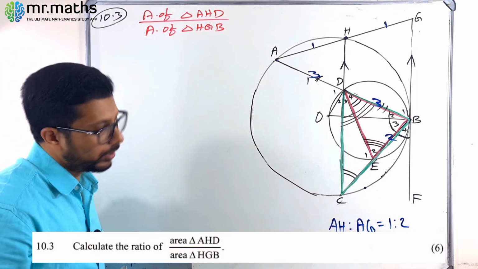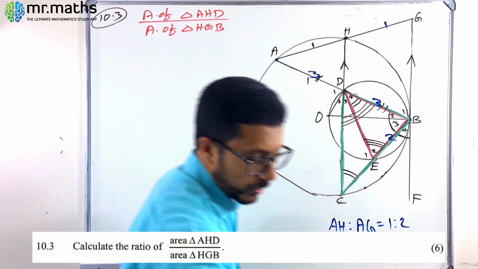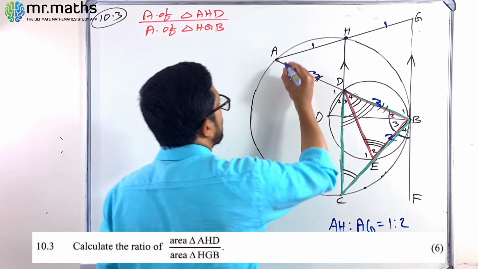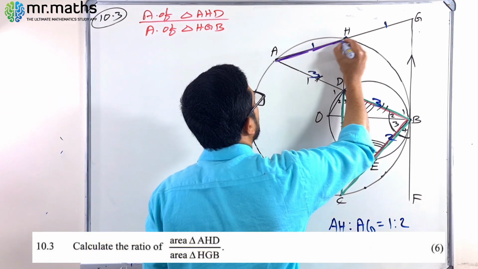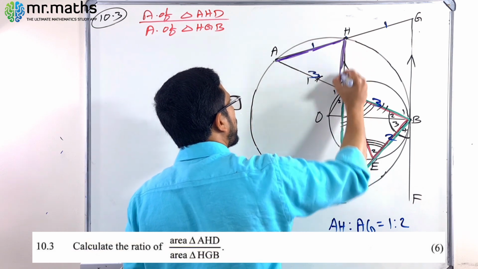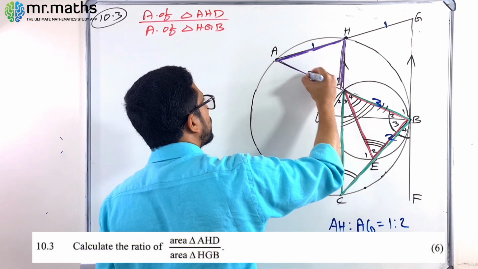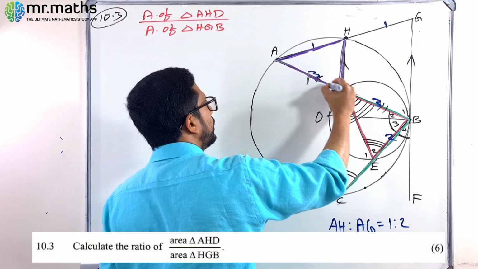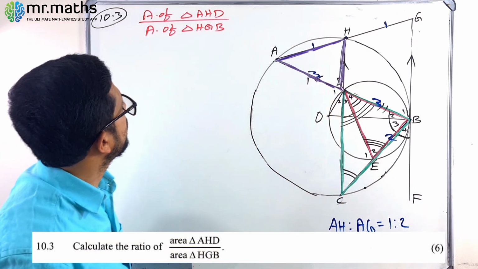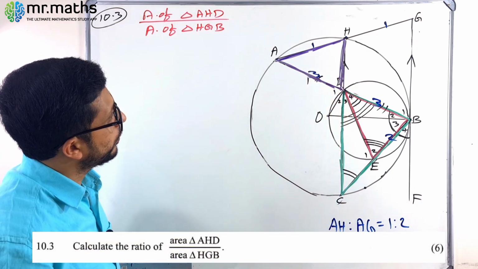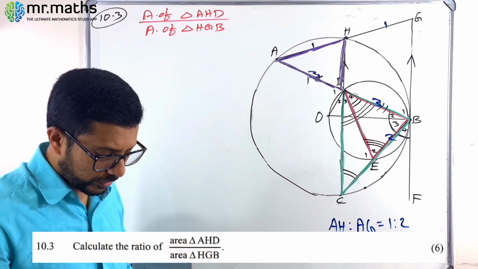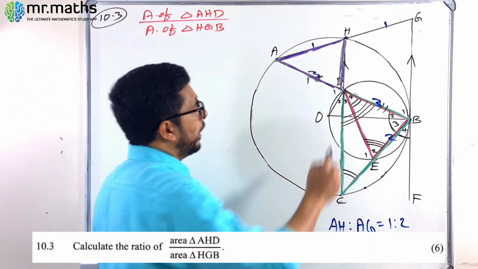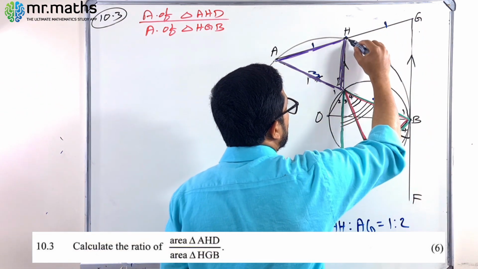AHD. One triangle is this one. And the other triangle is which one? HGB. That's not a completed one; there is no line like this.